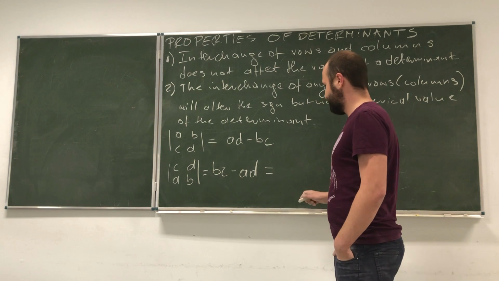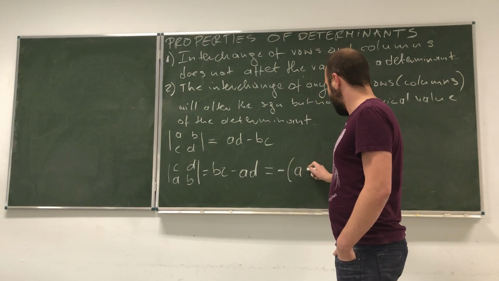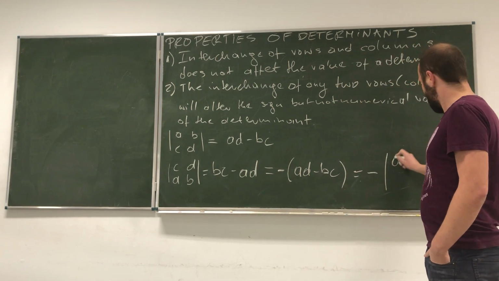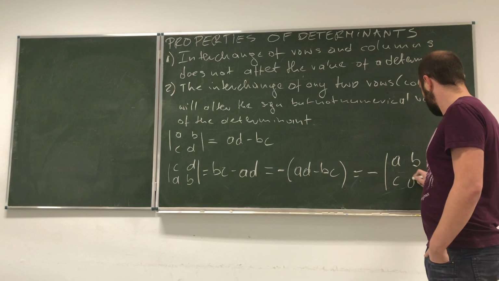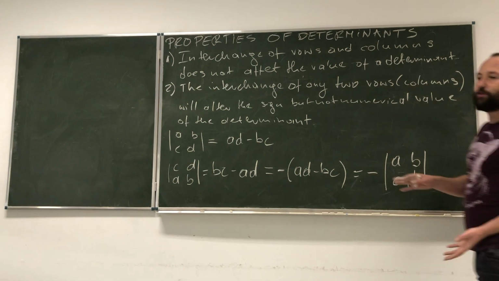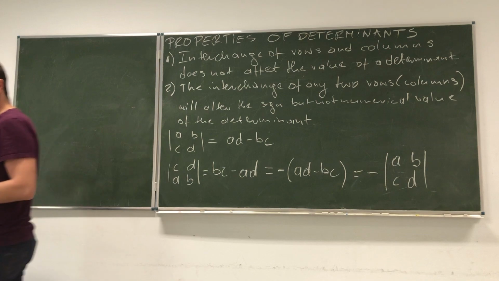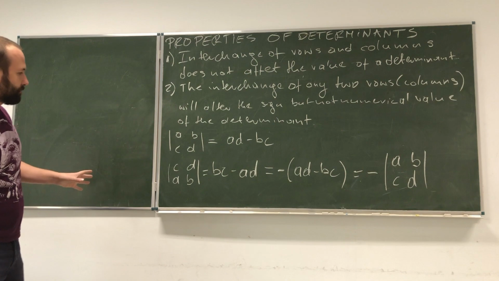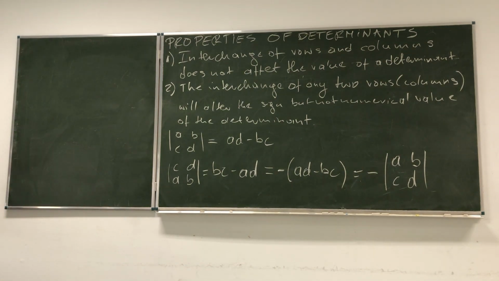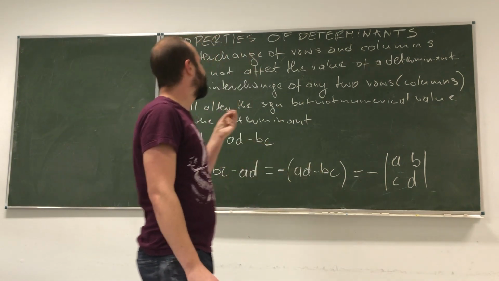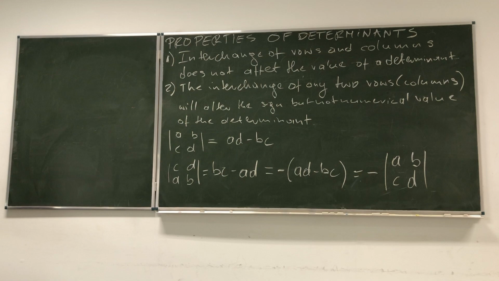But this is the same as negative AD minus BC. So this is minus determinant A, B, C, D. So, what this property is showing us is that if you exchange places of any two rows or columns inside the matrix, you will get the same number in absolute value, but the sign will change.